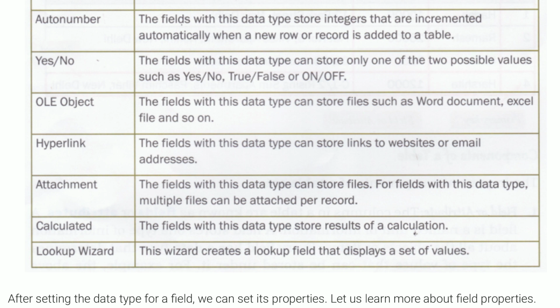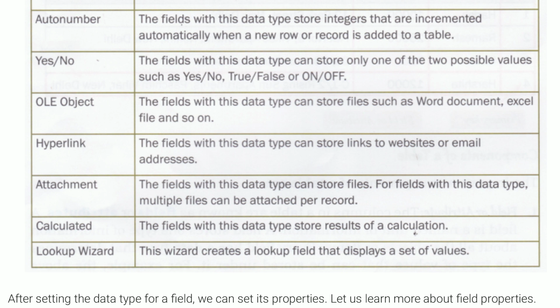As we put the data in the column date of birth, the age is calculated automatically according to the data entered in the column date of birth. We can use this calculated data type and set the expression for calculating the age automatically in the student information table.